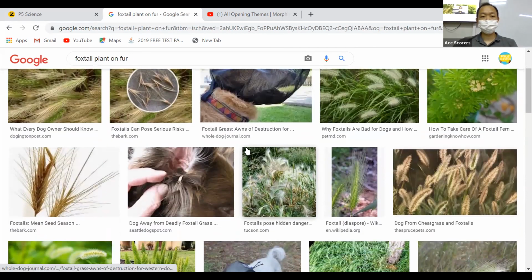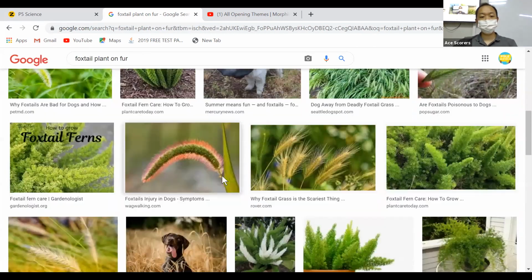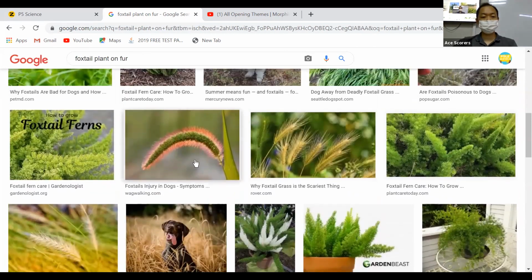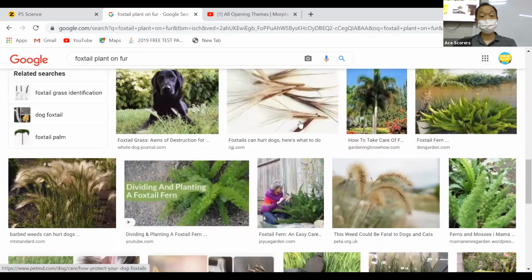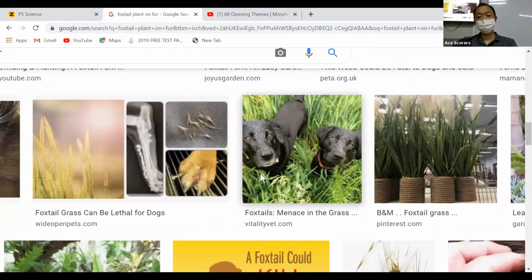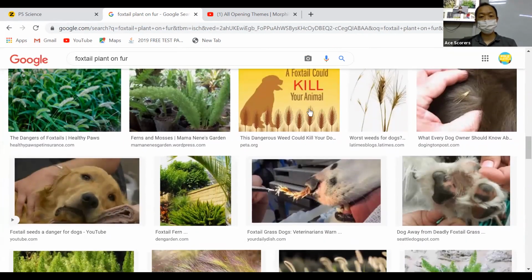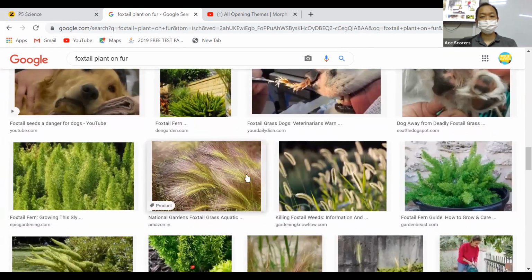If not, you'll get all the things stuck. Foxtail. Get stuck. Bad for dogs, yeah? You see the whole face full of this. They don't look sad. They don't know, right? The nose.